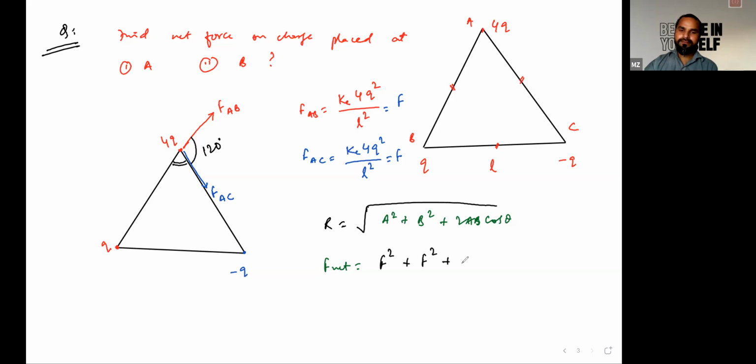So it will be 2 times F square times minus 1 by 2. 2 and 2 get cancelled out. Minus F square plus F square cancel out under root. So we're left with just F. Okay, Nazira?